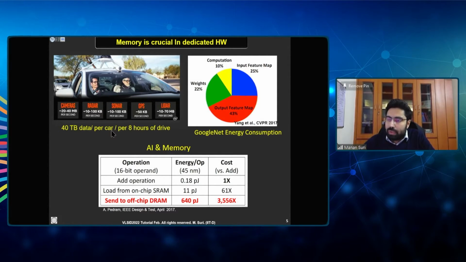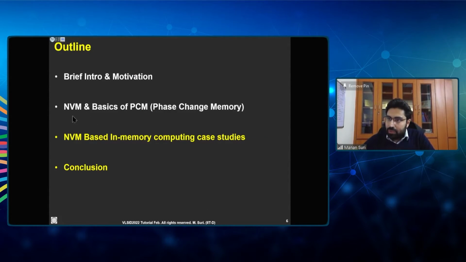It's time to start asking for more functionality from memory rather than just storing ones and zeros in it, right? And that is where you also get the seeds for in-memory computing or near-memory computing and things like that. So that brings us to the need for investigating NVMs.